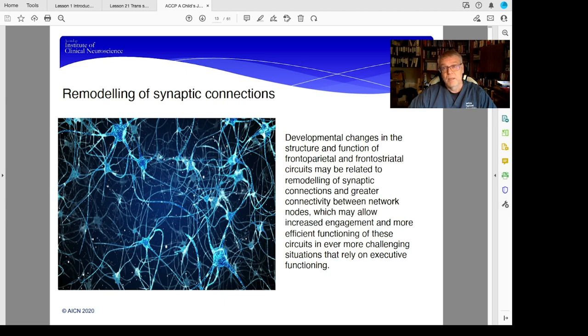Now, you can understand if there's a developmental delay as a child, and that delay continues or causes other delays in other networks, you can see at this really important developmental time of adolescence, it can become a major problem.